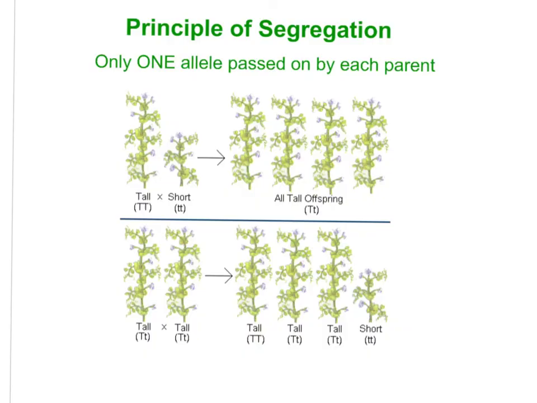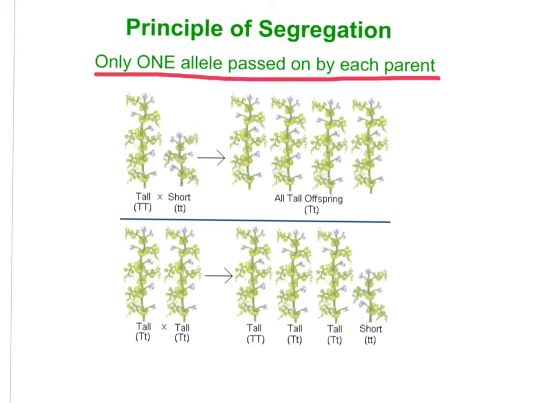So let's revisit the two laws that Mendel concluded and came up with. The principle of segregation was the first one, and you'll remember that means that only one allele is passed on by each parent. That's the definition of segregation in genetics.